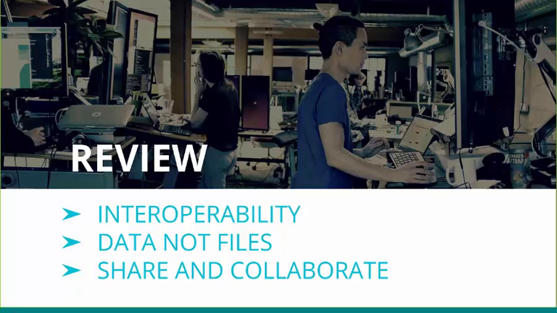So just to recap, we talked about how Flux recognizes that if we're going to be able to collaborate better and create better buildings, we need to be able to share data in a more seamless manner. And so that is why we've started with looking at this interoperability problem. And we talked about data and not files. And so again, it's not saying that files are not needed. It's just saying that files are not necessary to share data.